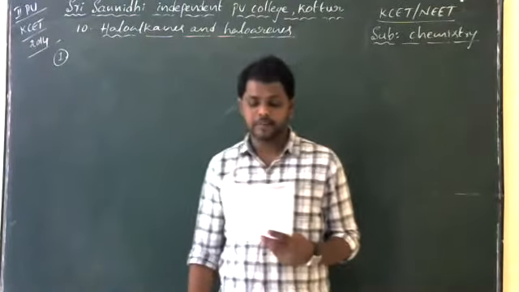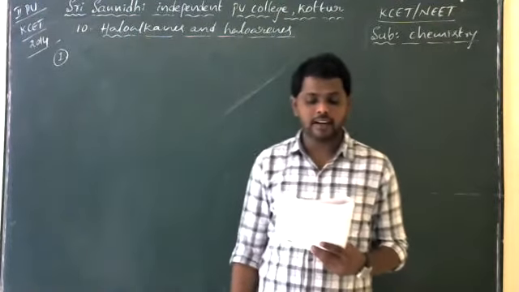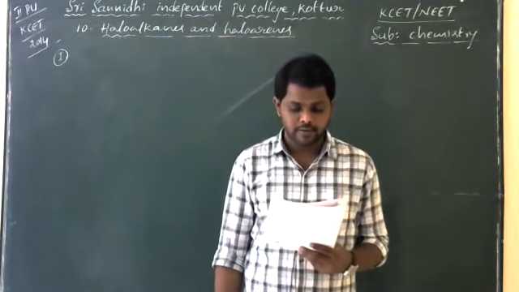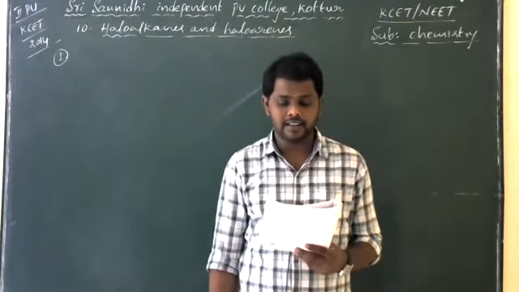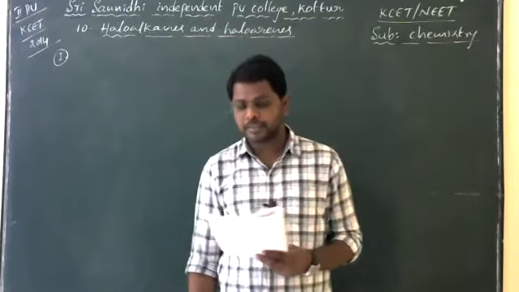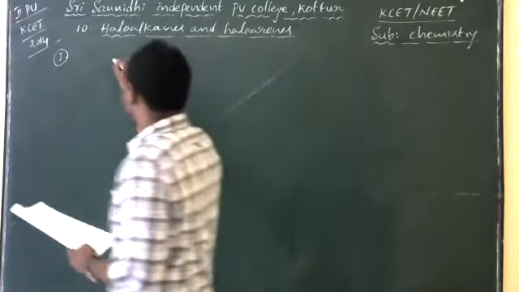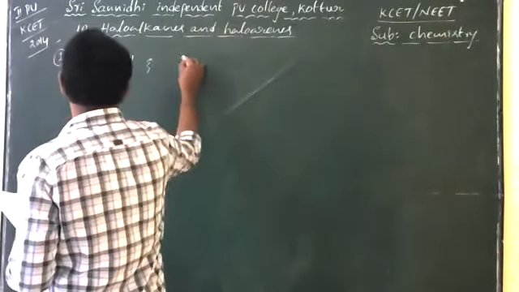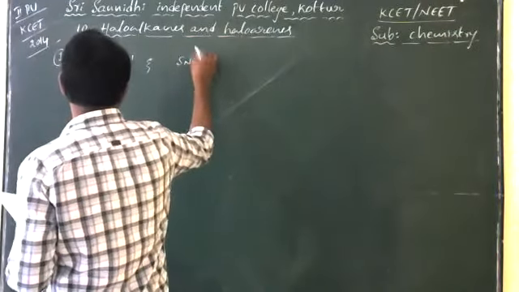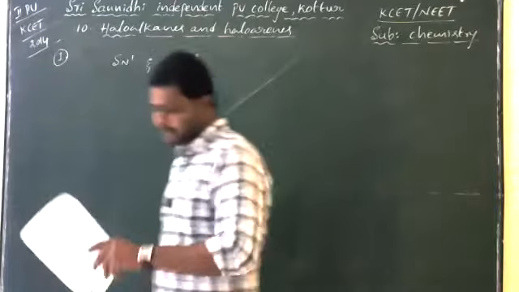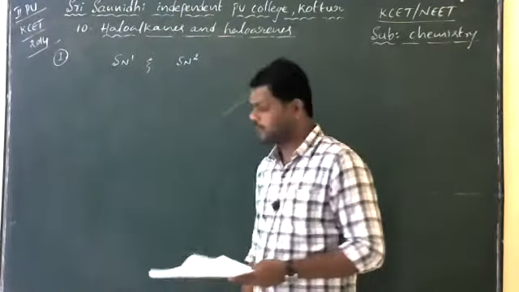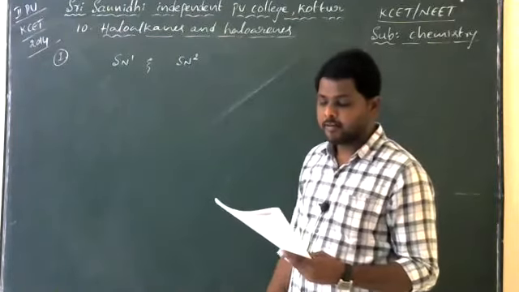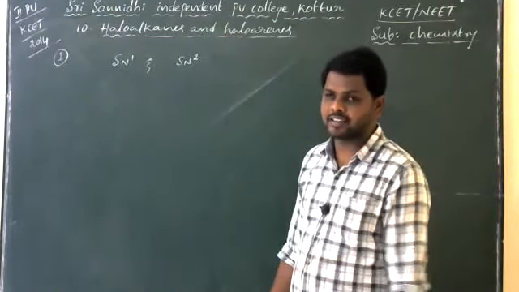An incorrect statement with respect to SN1 and SN2 mechanism for alkyl halide is: SN1 is nothing but unimolecular nucleophilic substitution reaction. With respect to SN1 and SN2, which is the wrong statement, the incorrect statement, for alkyl halide.